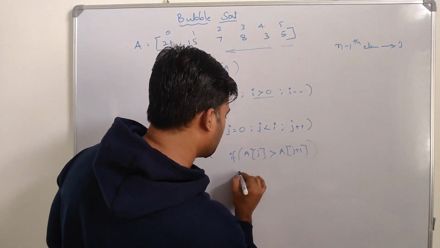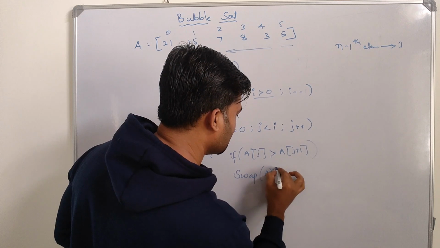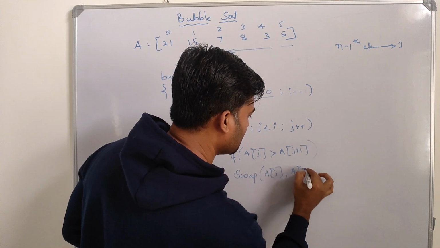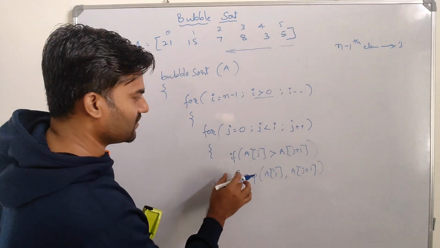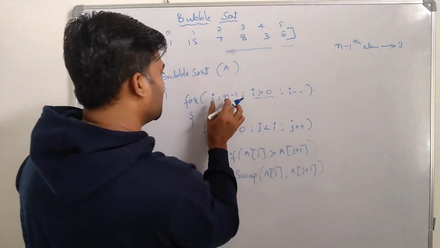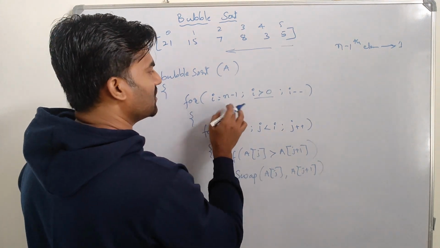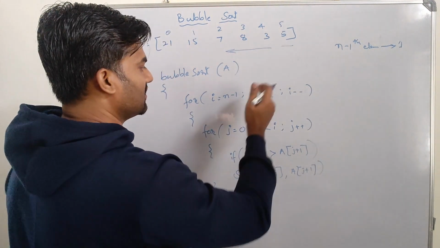If that is the case, I will swap a of j with a of j plus 1. So at the end of the first iteration, our max element moves to the ith position, which is n minus 1 for the initial iteration, and which gets decreased.